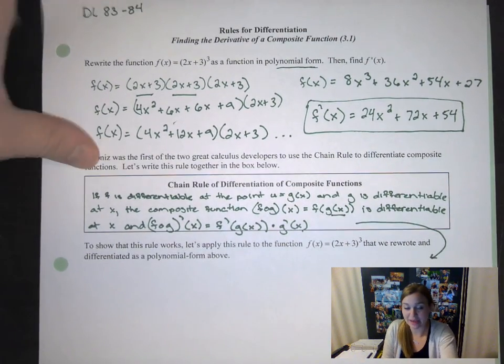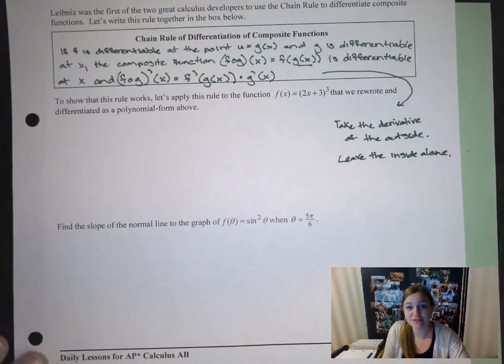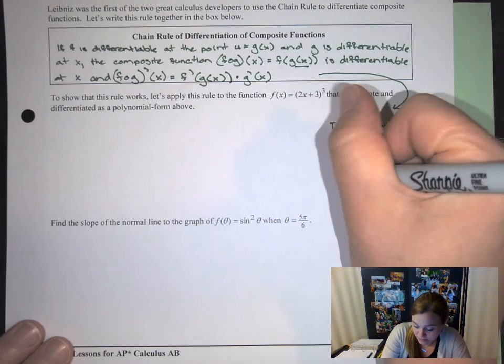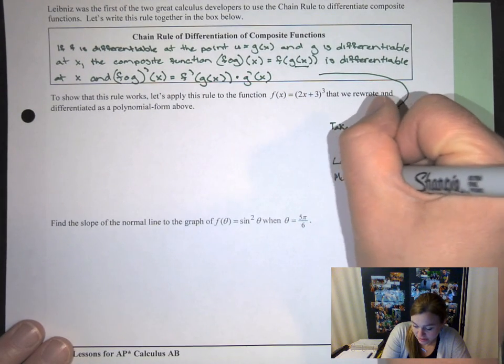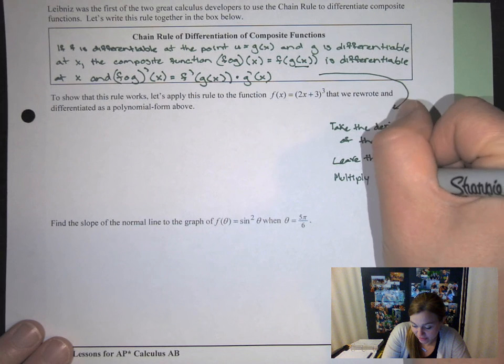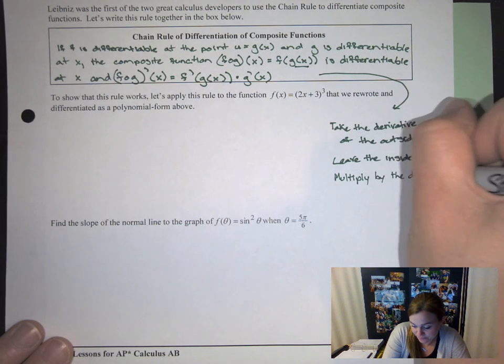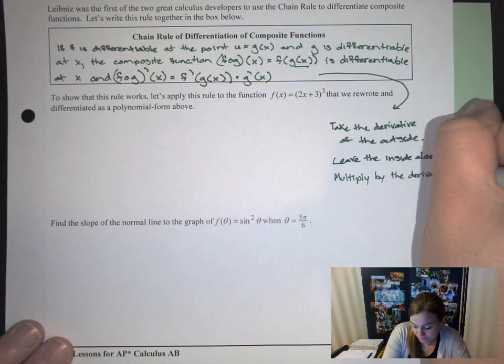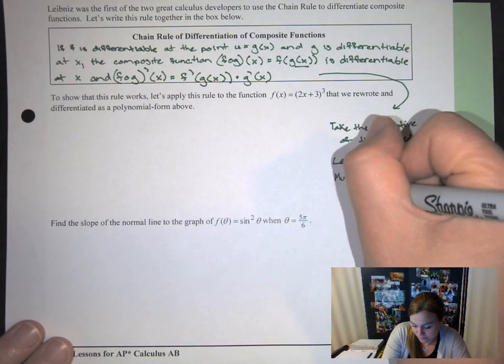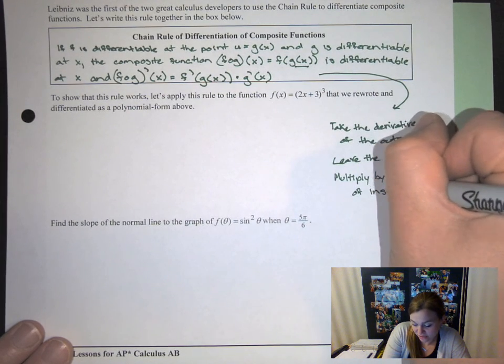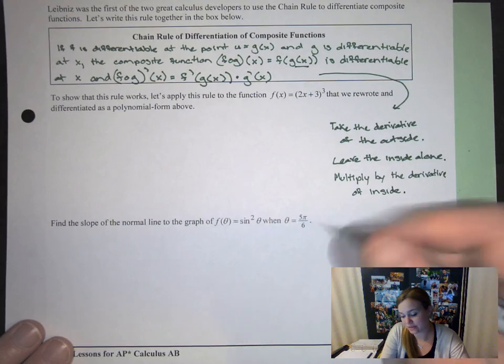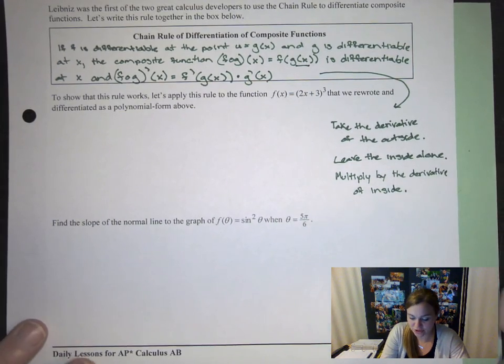Leave the inside alone, times the derivative of the inside, or multiply by the derivative of the inside. I often say times the derivative of the inside, so if you want to say that, then multiply sounds fancier.